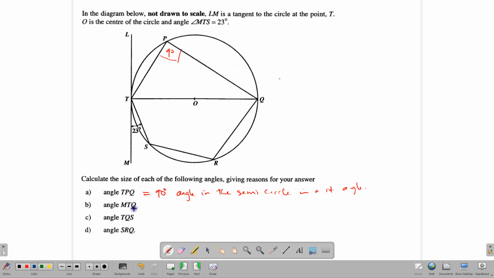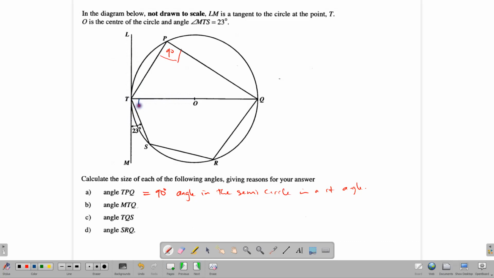Let's talk about the next one, MTQ. So we had TPQ, and now we're looking at MTQ. Notice MTL is the tangent, and MTL meets this line, OT. So OT is a radius, and the radius touches a tangent.